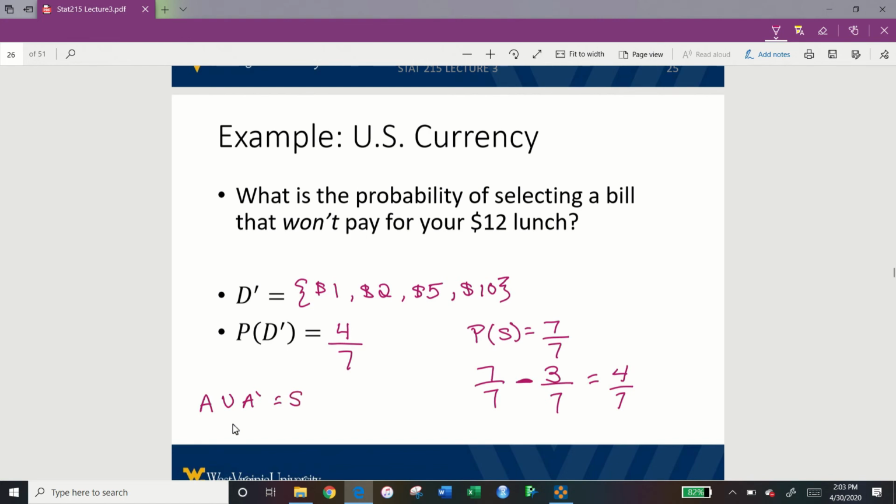Same thing here. The probability of D and the complement is going to equal the probability of our sample space. Meaning 3/7 plus the probability of our complement is going to equal 1. Just a little tidbit to know. Let's move on.